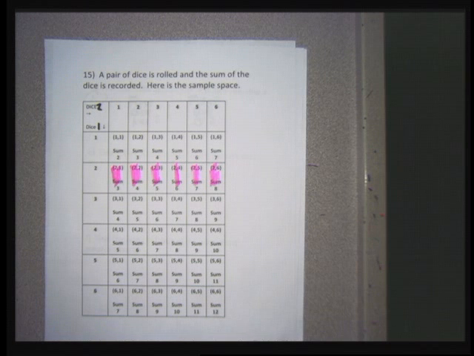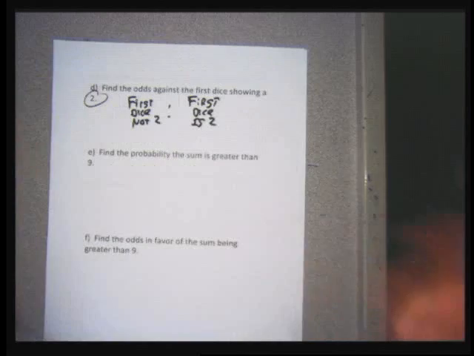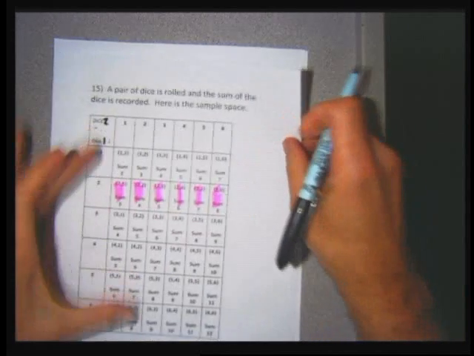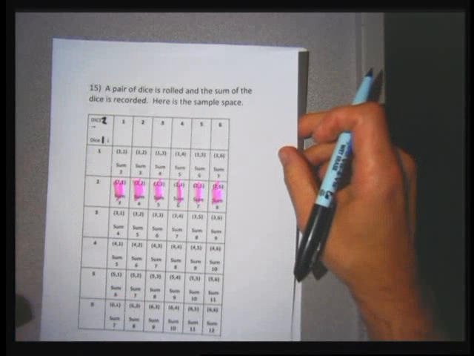So on the side of my odds that has it's okay for the first dice to be a 2, I'm going to put a 6. On the other side, I could count everything that I haven't highlighted yet, but I don't care to do that.